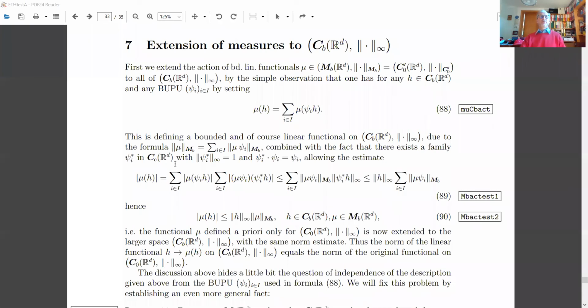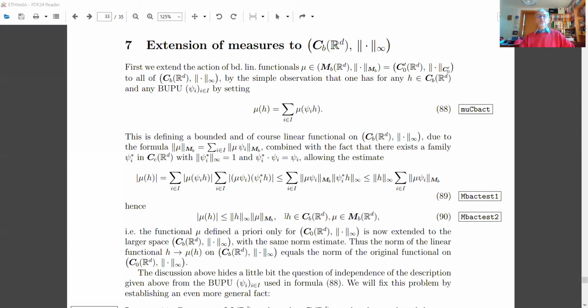So following the definition, for every such H, you can estimate it by the supernorm of H times the measure norm, which means it's a bounded linear functional, and the norm doesn't exceed the norm that you have already on C0. So we have extended a linear functional from the small closed subspace C0 to the larger space of bounded continuous functions.